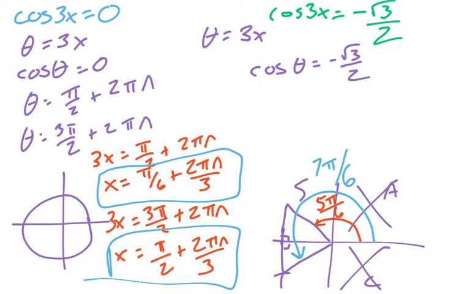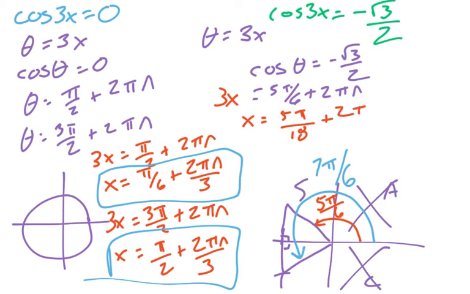Okay. So then theta equals 5 pi over 6 plus 2 pi n. But again, theta is really 3x, so I'm going to just put that in right now. And then in that case, x would be 5 pi over 18 plus 2 pi n over 3.